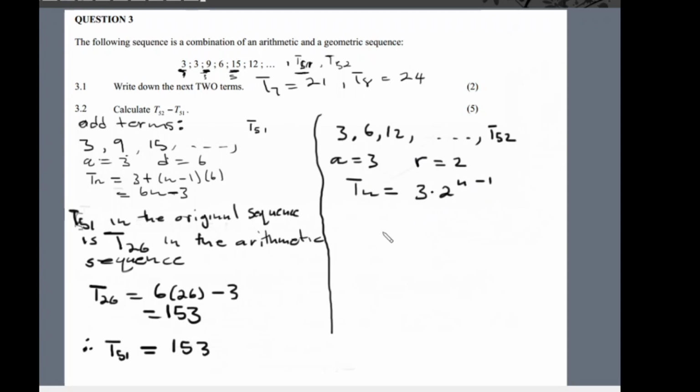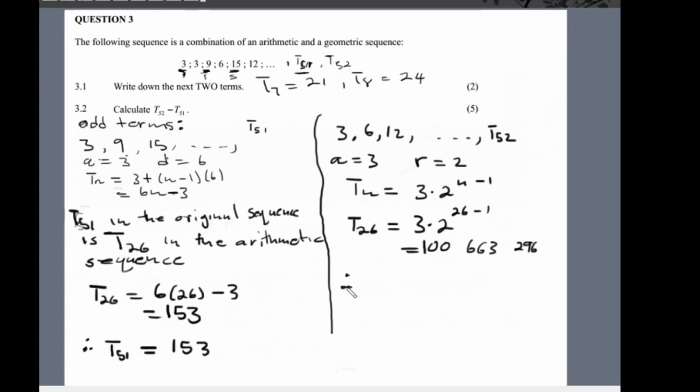So to get term number 52 in the original sequence, we'll have to get term number 26 in this geometric sequence, right? When you substitute this in your calculator, you'll get that it's 100,663,296, right?